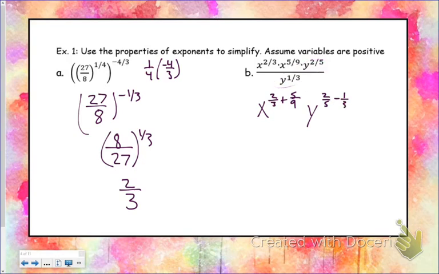To figure this out, I can get a common denominator, so I would multiply both of these by 3. So this would be x to the 11 over 9. The y's I can subtract, get a common denominator. This becomes 6 over 15 minus 5 over 15, so I get y to the 1 over 15.